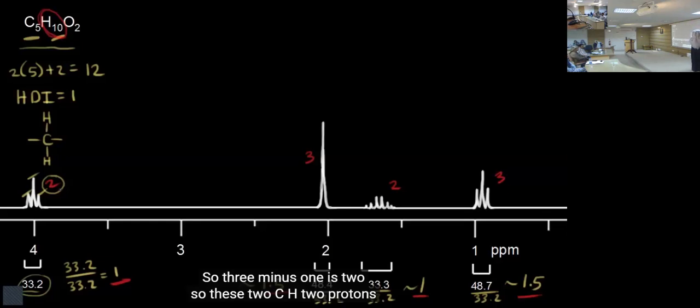Now the reason why this is the more correct one is because the 2 proton triplet at chemical shift 4 is highly shielded because of this. So this is more.